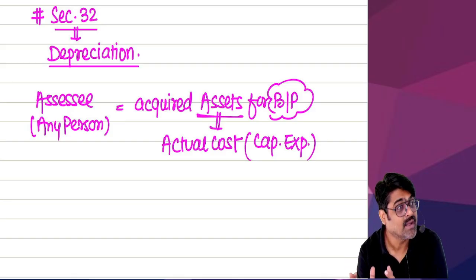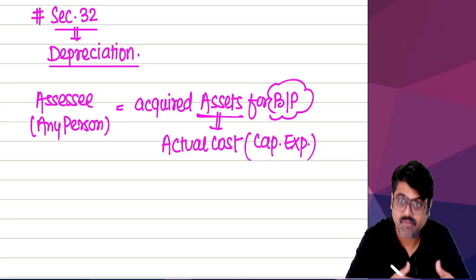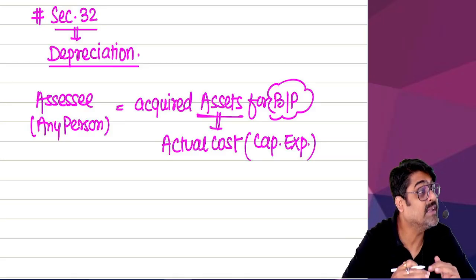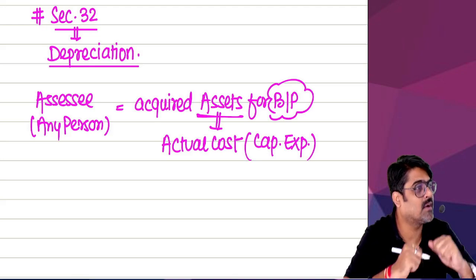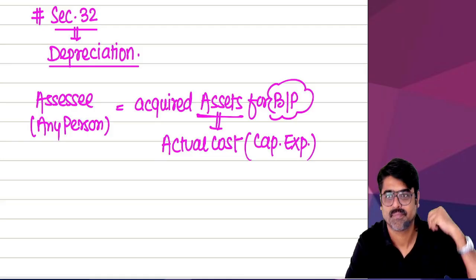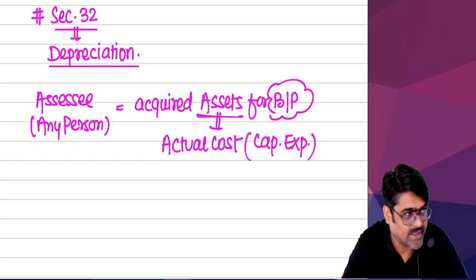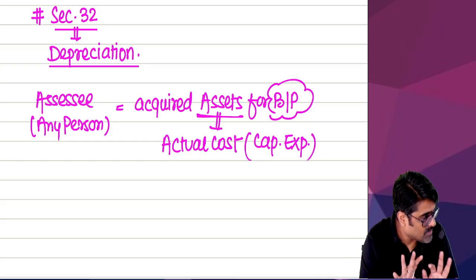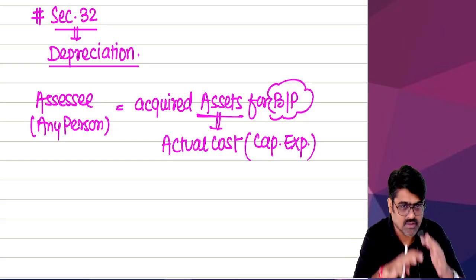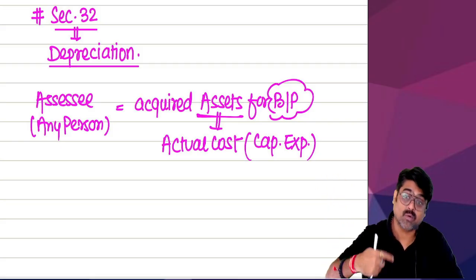And that will be eating your other incomes also. And if eating the other incomes means, it will be set off against other incomes also. So are you going to pay any tax? Why? Because the asset which is acquired for the purpose of business or profession, the cost of this asset was huge and this entire cost is allowed at once.